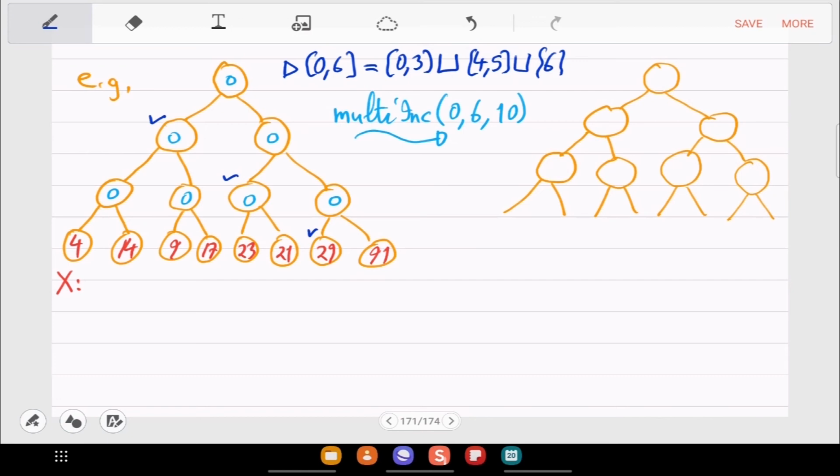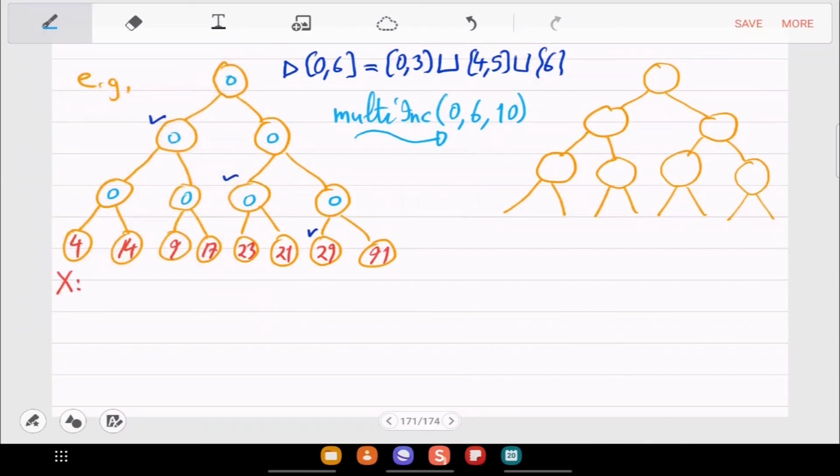So what is the interpretation of this? With respect to 10, where should we do a plus 10? This whole space of the array indices is now divided.